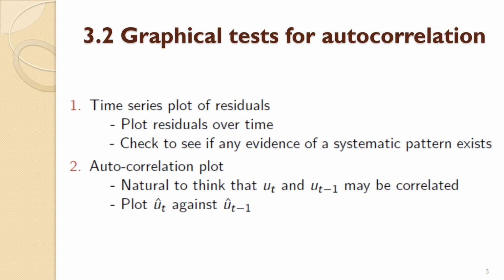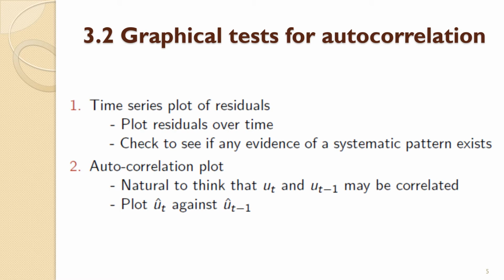Now the second option here is this autocorrelation plot. It's natural to think that successive residuals may be correlated. It says there, it's natural to think that u_t and u_(t-1) may be correlated. So in the context of the gold price and stock price example, perhaps the residuals for the year 2000 and 2001 might be correlated because they're right next to each other.